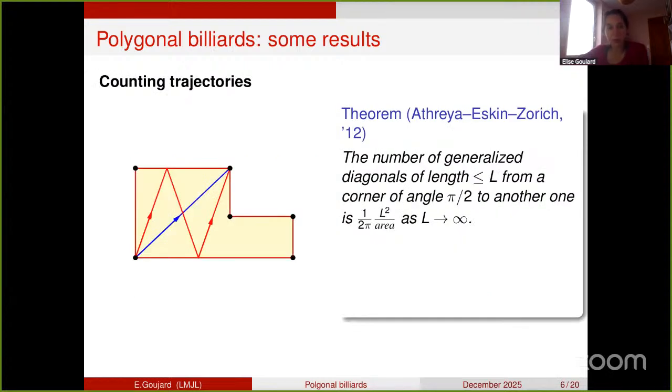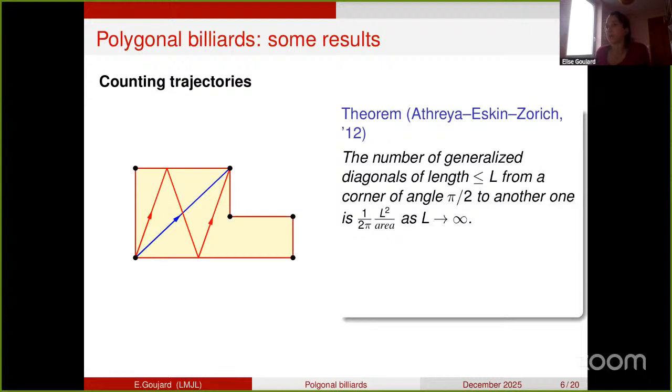The third result that I want to present is a result about counting special trajectories. So it's also in the L-shaped table that I pictured at the beginning. And here you can wonder, for instance, how many trajectories go from this corner to this corner, so two corners of angle pi over 2.